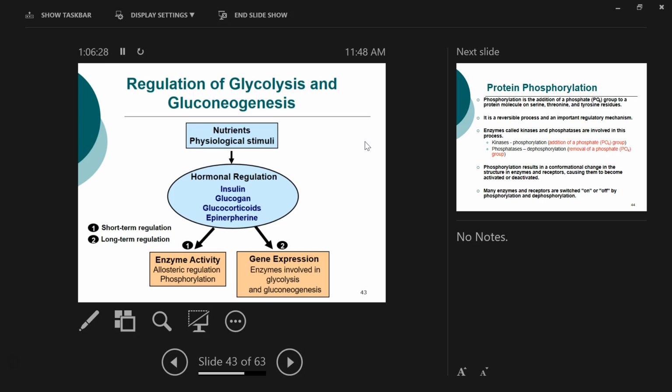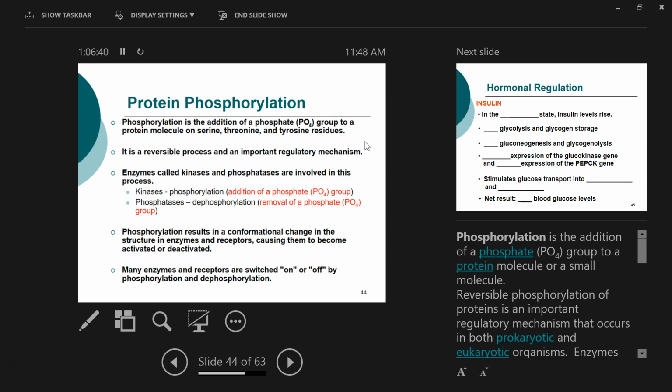So allosteric regulation, and also by phosphorylation or dephosphorylation of the enzyme, which we'll talk about later. So protein phosphorylation or enzyme phosphorylation. Have you heard about it, right? The phosphorylation of an enzyme regulates the enzyme activity.